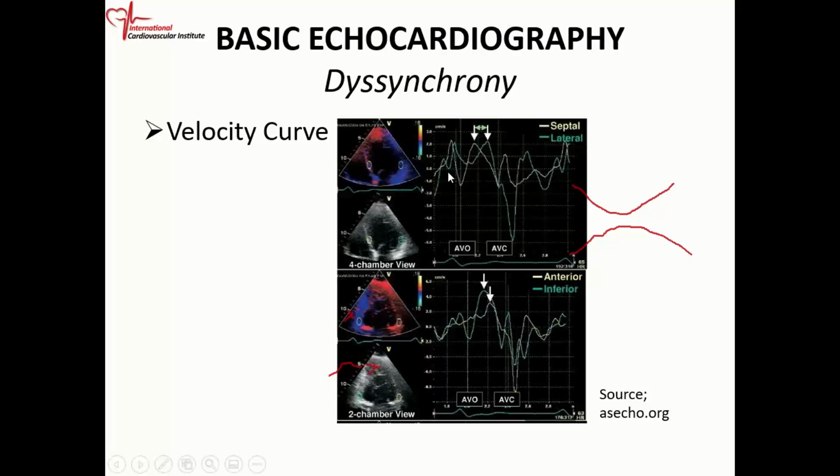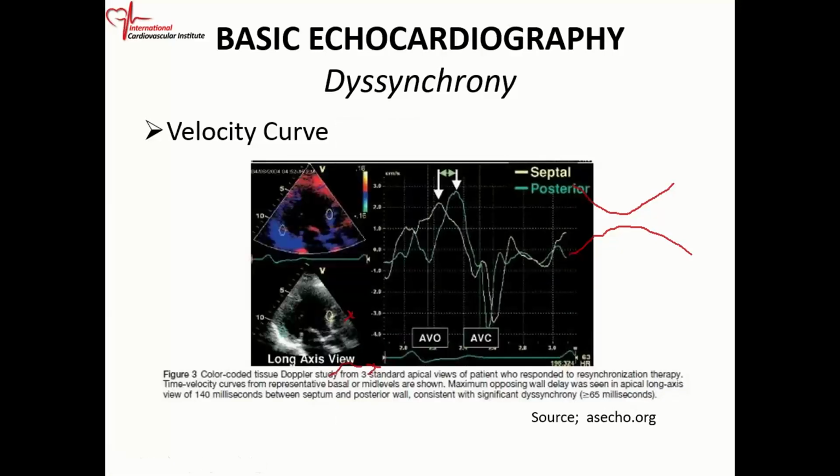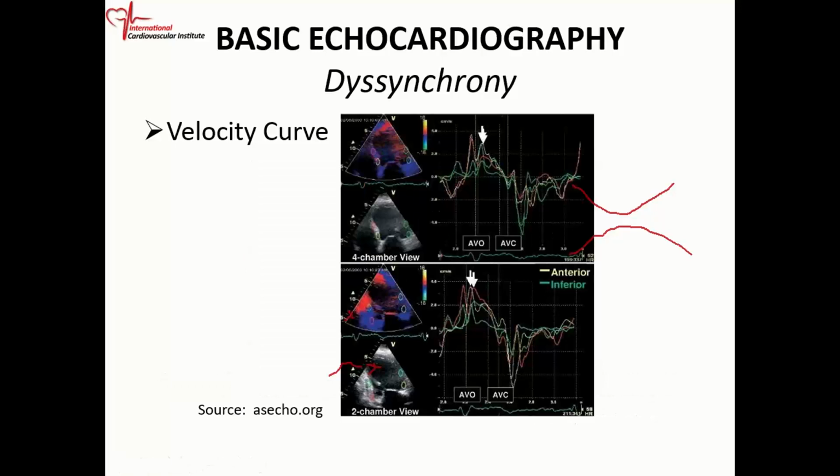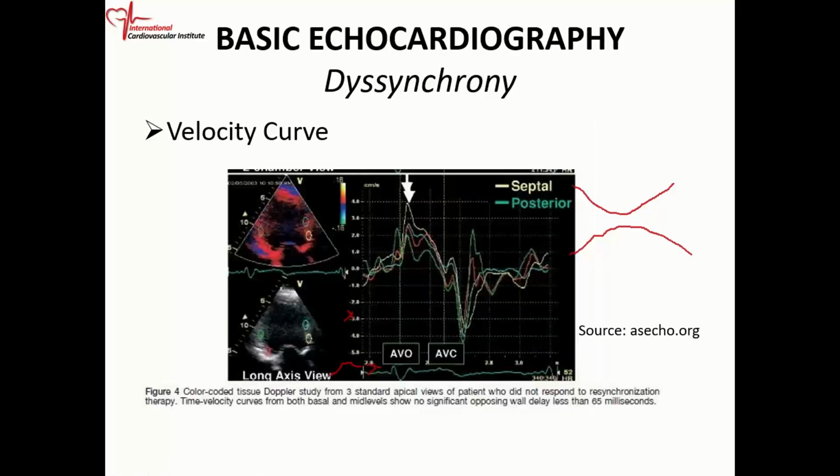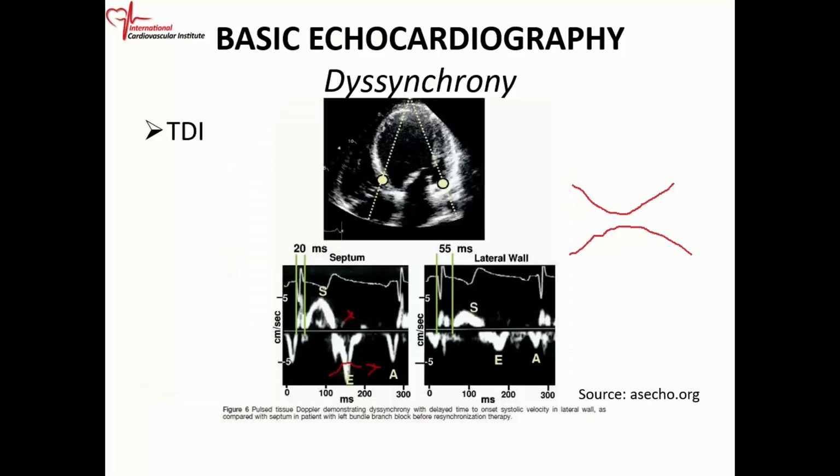So, this is a different type of velocity curve, but you see one peak is there, the other peak is there. They're supposed to superimpose. And the same thing, one peak is there, that is there. So they're not superimposed. Okay? So when you see something like that, that's dyssynchrony. Okay, the peak's supposed to occur at the same time.